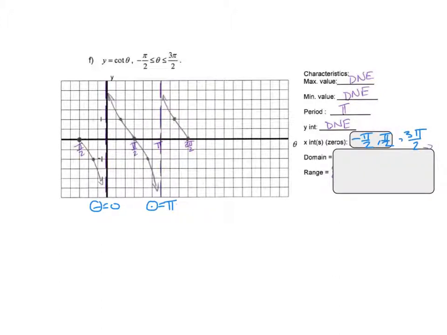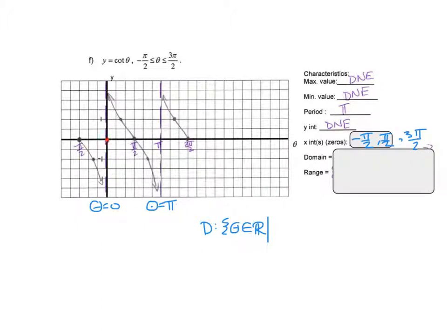Again, my domain is for everything, so I'm going to do my domain down here where I have a little more space. So I have theta is an element of the real number system such that we always start with our first asymptote. So if we look here, that's at 0, and then it's every multiple after that. So 1 pi, 2 pi, 3 pi.